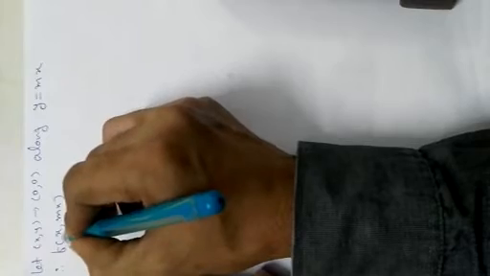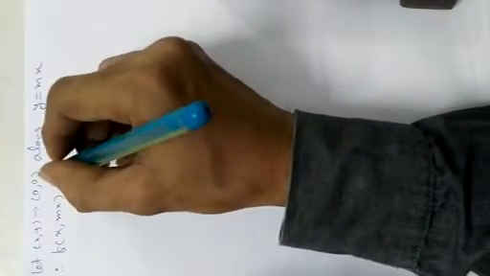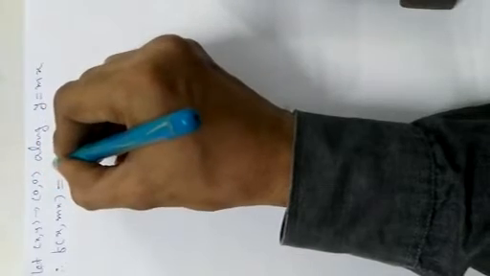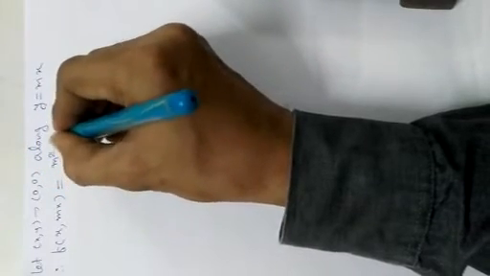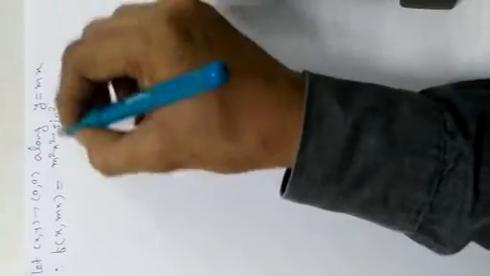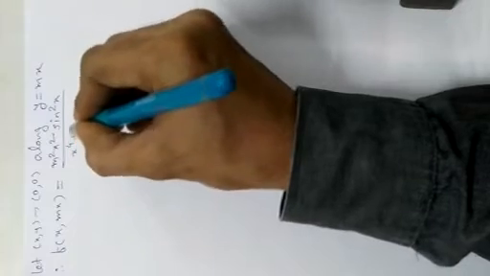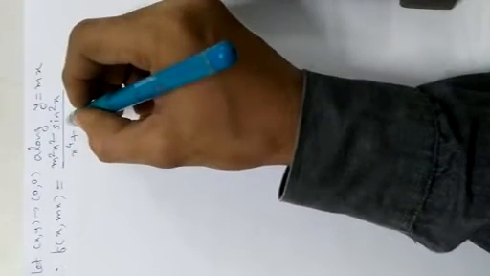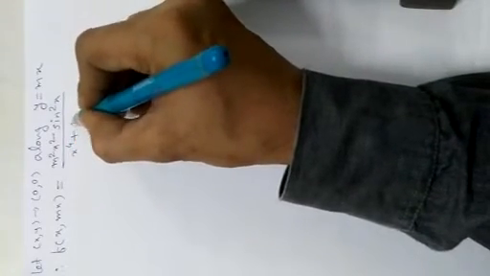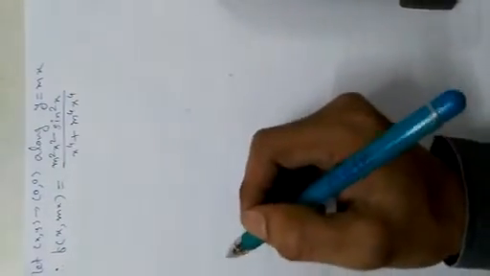So f of x mx equals m square x square into sin square x upon x raised to 4 plus, at the denominator there is y raised to 4, therefore m raised to 4 x raised to 4.